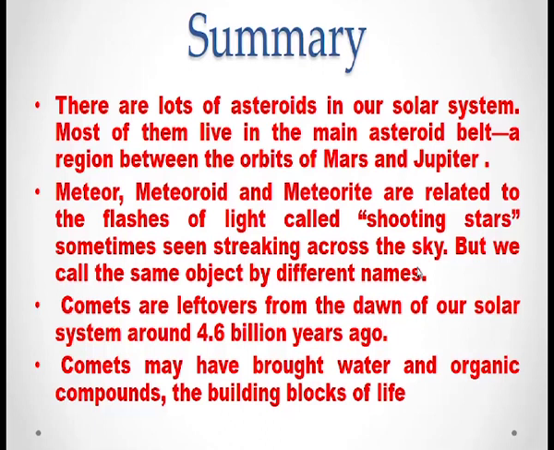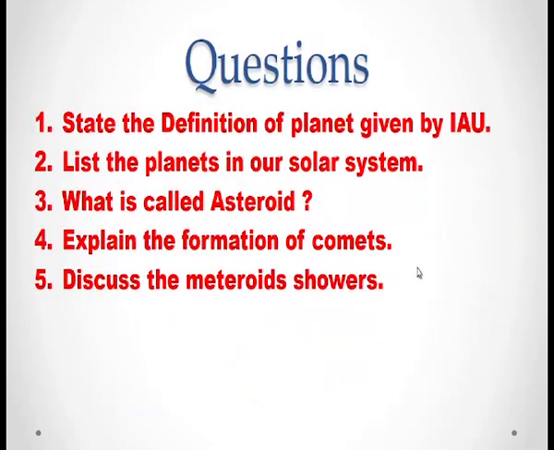Then comets, fascinating objects in our sky, are leftovers from the start of our solar system, which took place around 4.6 billion years ago. Comets may have brought water and life to the Earth in which we are living. These are all the things we have learned about our solar system.